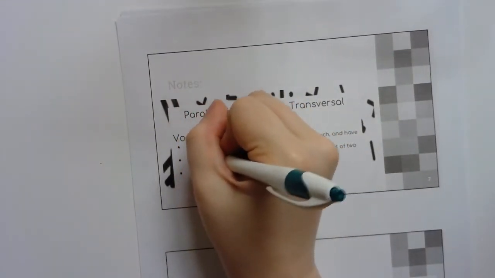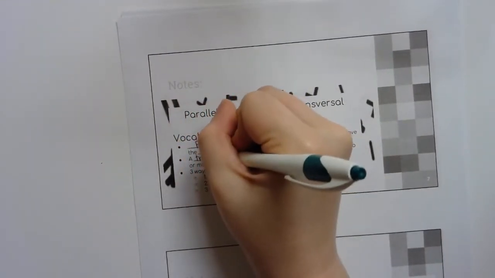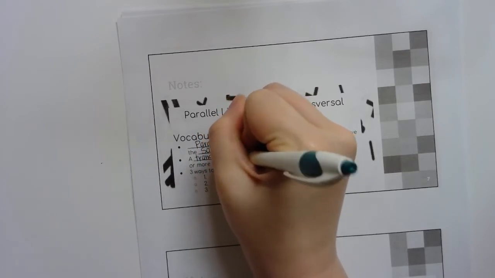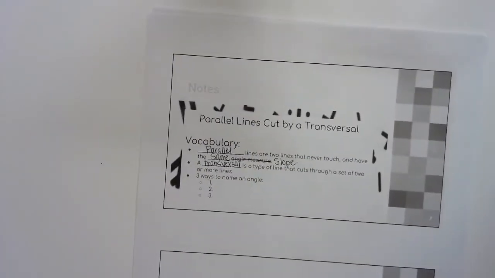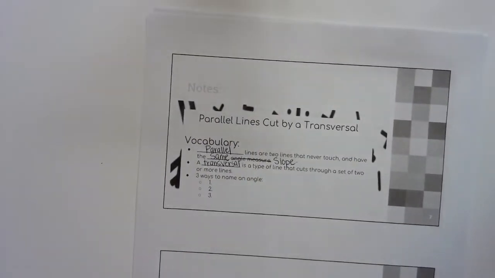Okay, a transversal, we also learned this word last week, is a type of line that cuts through a set of two or more lines. So remember, we have parallel lines, that's the lines that never intersect, and a transversal is a type of line that cuts through a set of two or more lines.